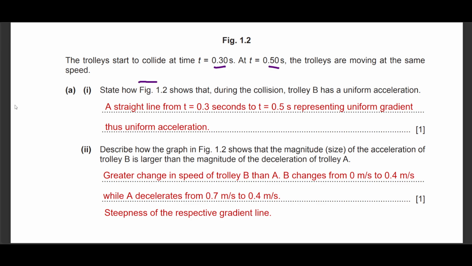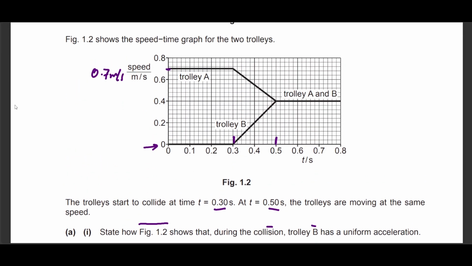State how figure 1.2 shows that during the collision, trolley B has uniform acceleration. So you have to discuss the graph itself to show what you're talking about. In figure 1.2, we need to associate that the gradient or the slope of this graph is equal to acceleration. Once we've associated that, then we can comment that the gradient in this section is constant.